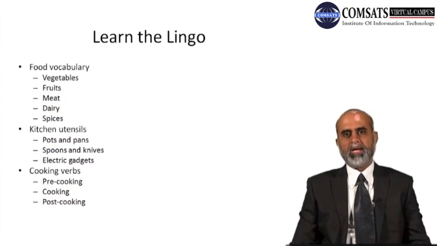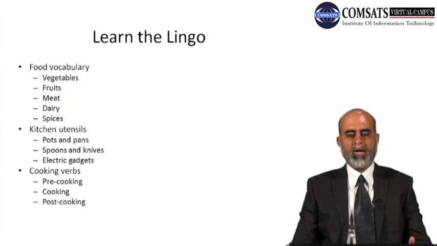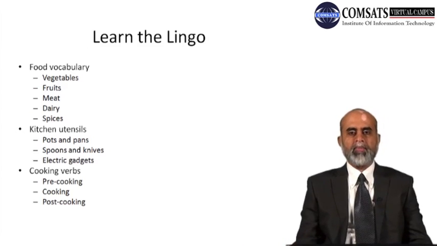Okay, then you have the cooking verbs. Basically, cooking verbs include all the action verbs that are used or that require action either before cooking or after cooking or during cooking. Okay, so you have some verbs like when you soak rice before you cook it.